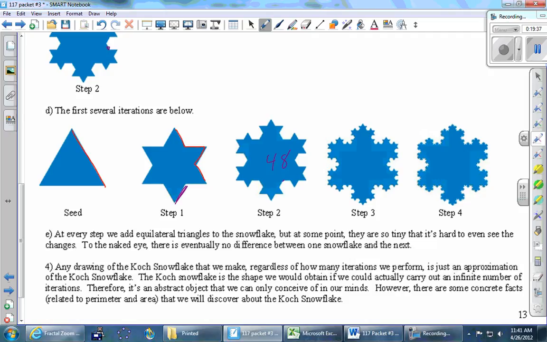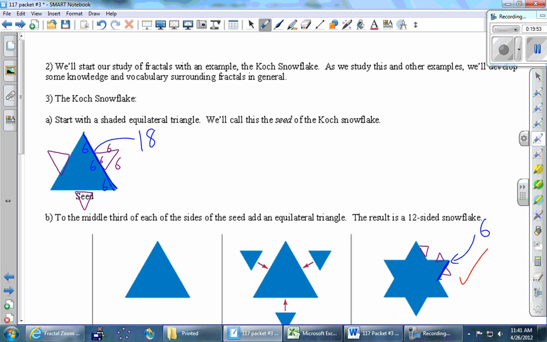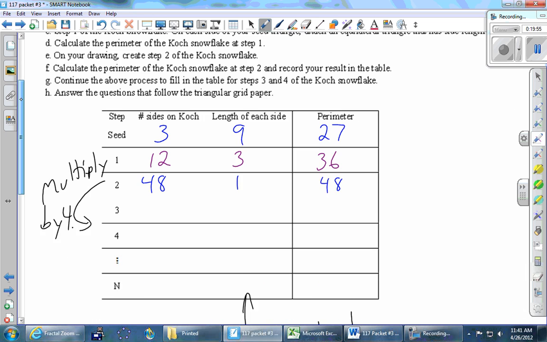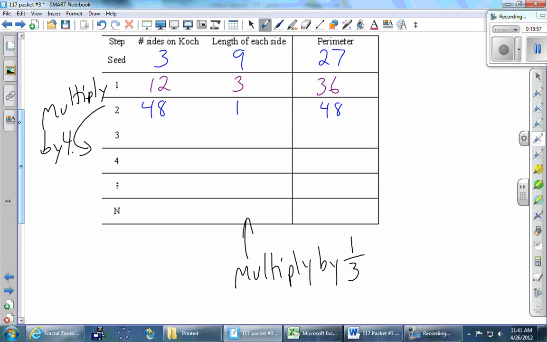Then it becomes this, this, this, this. How many sides? 4. So every single side becomes 4 sides. So maybe that timesing by 4 makes sense because every one gets replaced with 4 sides. So times 4. So I've got that pattern written down here, just in English, multiply by 4.